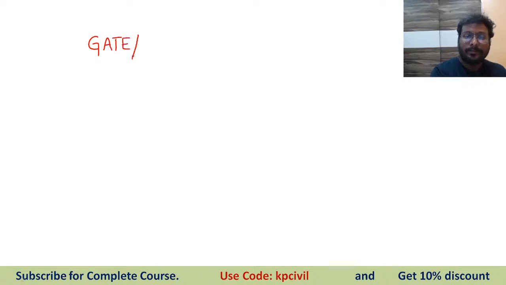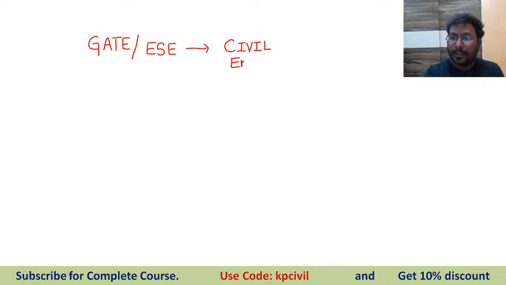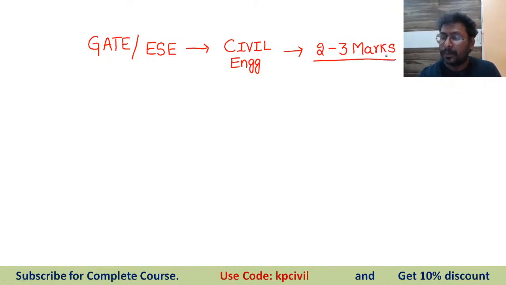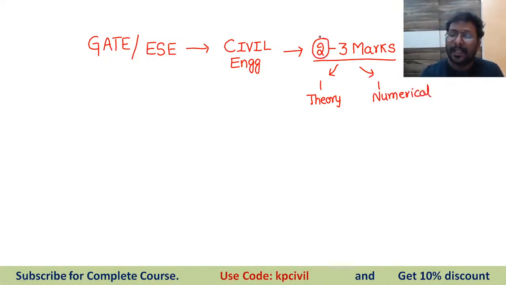For GATE, you have 2 to 3 marks from air pollution. Surely one theoretical question and one numerical question. Sometimes they may give only one numerical. That means 2 marks mandatory.